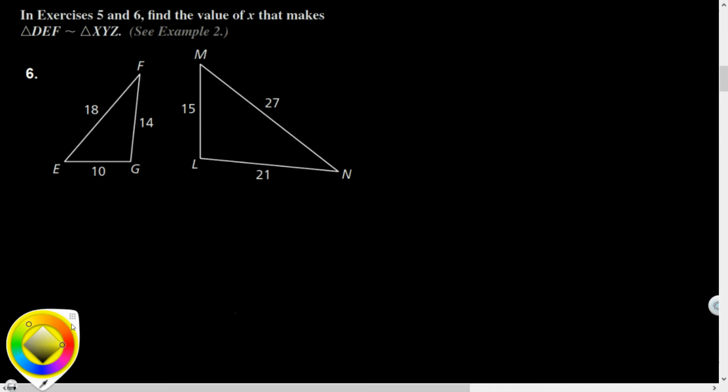Okay, here's question 6, the request coming in. It said, find the value of x that makes the triangles similar. Where's x? Did I grab the wrong problem? That is excellent. Maybe that's tonight's problem? Let's see. Where did I get this problem from? Oh, that was the Prac 8.3. There's my problem.